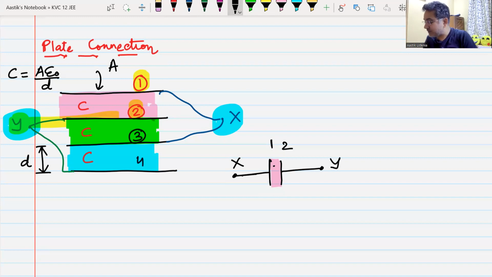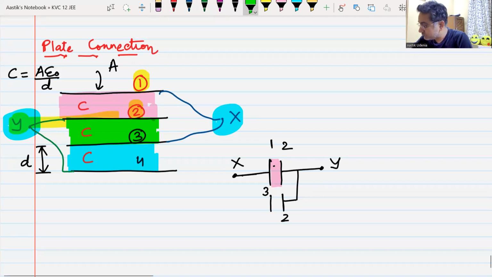Now for the green capacitor, one plate is plate 2. Plate 2 is connected to point Y, and plate 3 is connected to point X. So I will have to make one more plate here. This is the green capacitor, and this plate 3 is connected to point X. So I connect it here like this.